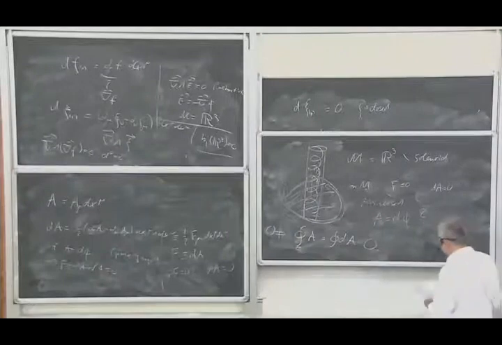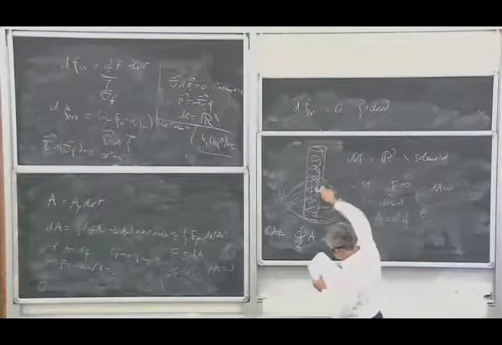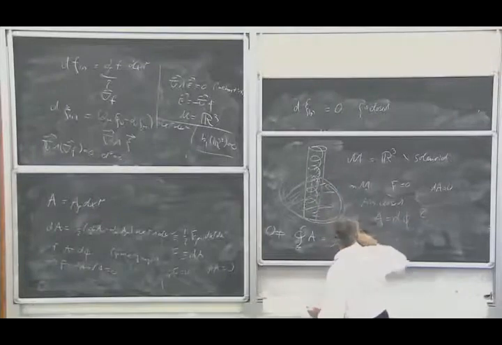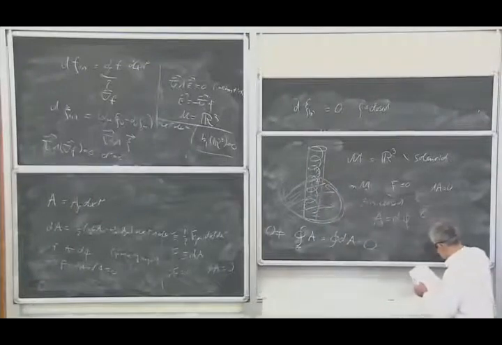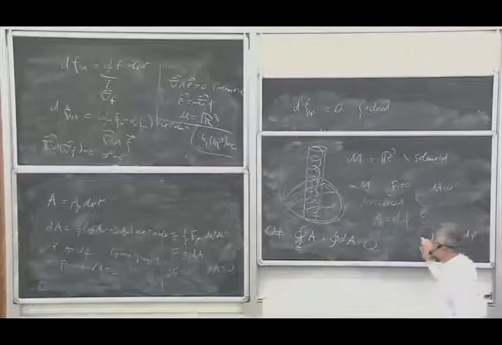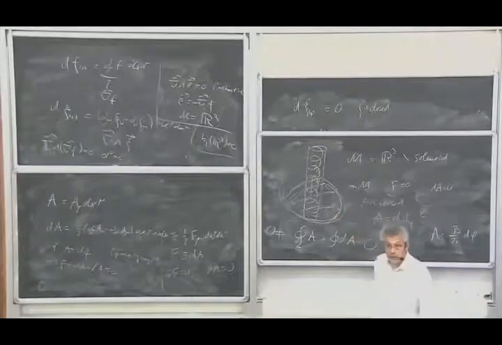Well, actually, you know what's happening here. If the magnetic field, the modulus, is B, then A is something like B divided by 2 pi times d phi, where phi is the angular coordinate here.